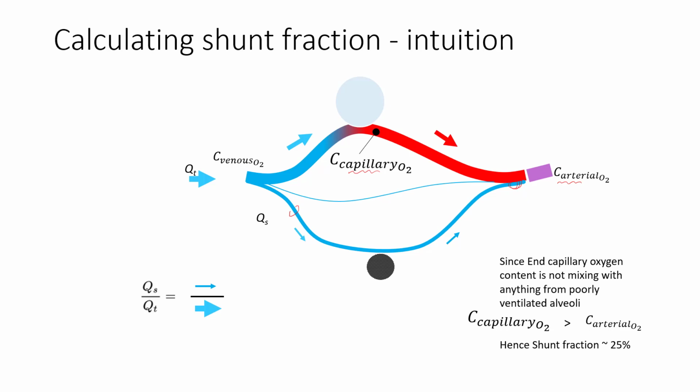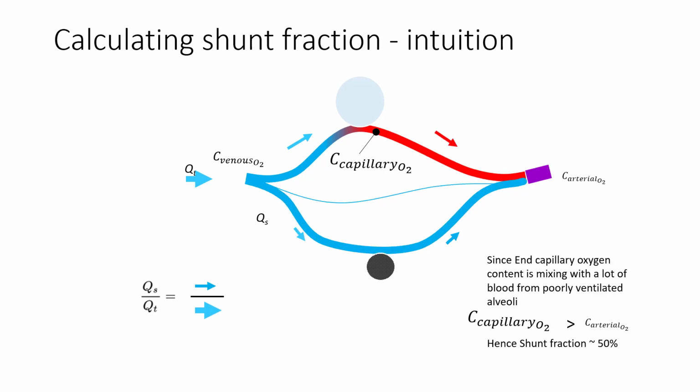In this case, if 25% of the blood flow goes through the shunted area, the shunt fraction will be 25%. If more blood flow goes through the shunted area, for example in this case 50% of the blood flow, the shunt fraction correspondingly increases and the oxygen content on the arterial side correspondingly decreases as compared to the end capillary.